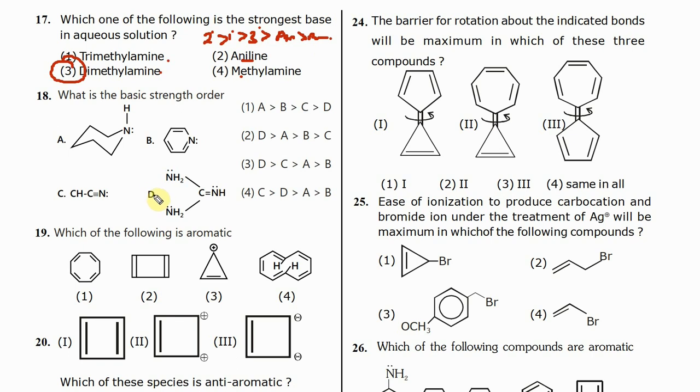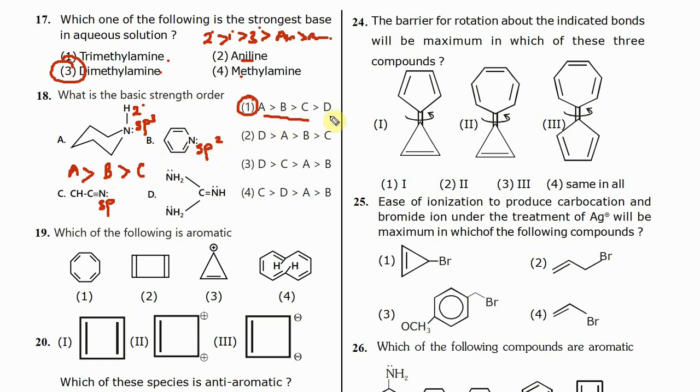Okay. Now what do we know at least? Either sp2, either sp. So I know B is stronger than C. I also know my A is stronger because this is an sp3 nitrogen and also 2 degree. So A is strongest, it is this one. A greater than B greater than C.